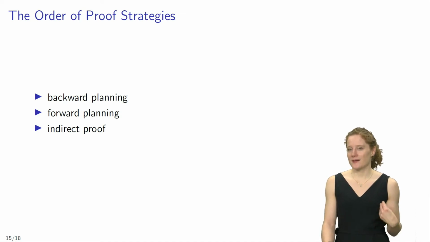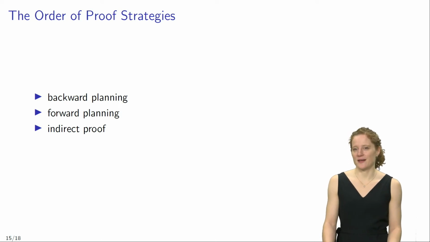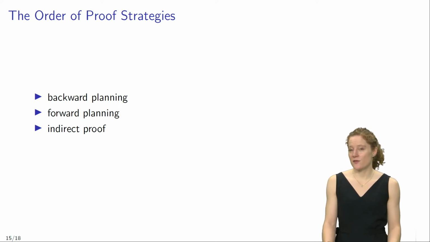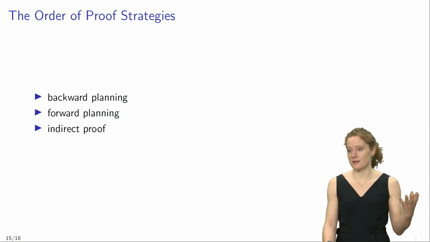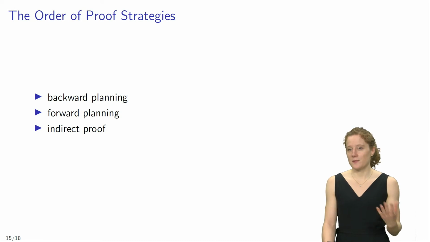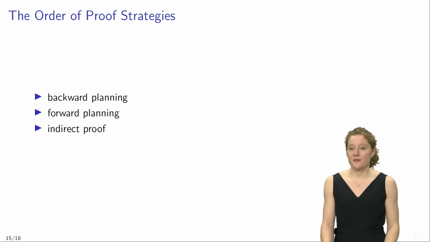If backward planning doesn't work, then you should try out forward planning. Forward planning often has the caveat that it is not guaranteed that whatever you infer using forward planning actually brings you closer to the conclusion that you want to derive. And then in a third step, if forward planning also doesn't work, then you should try indirect proof. So first try backward planning, then try forward planning, and if all else fails, try indirect proof.